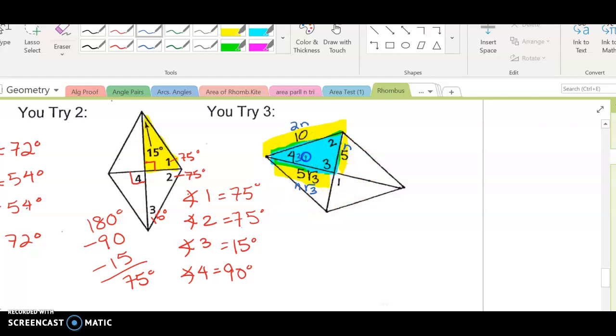We know 30 would be where 4 is, 60 would be where 2 is, and 90 would be where 3 is, in which case 1 would also be 90 because it's vertical with 3. So angle 1 is 90, 2 is 60, 3 is 90, 4 is 30, and I think that's it.